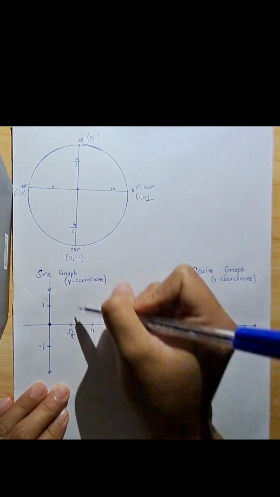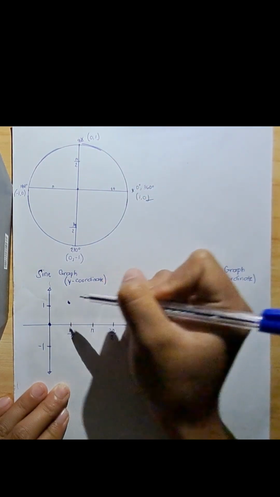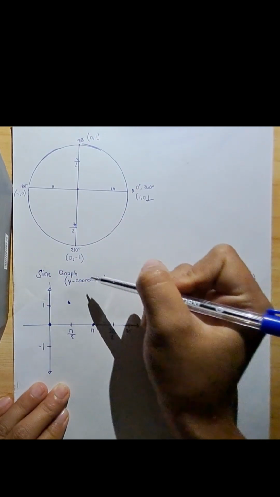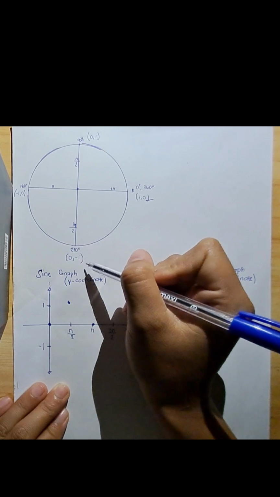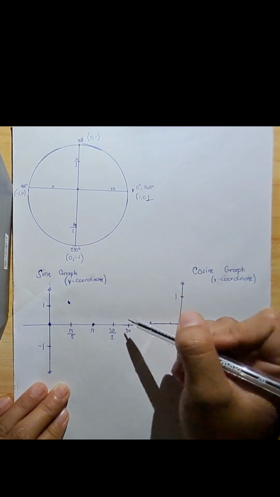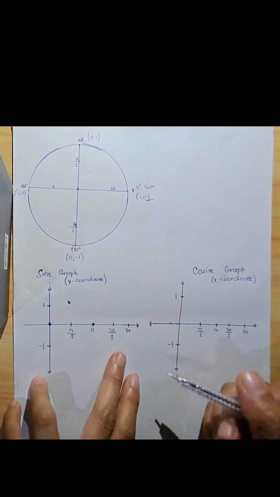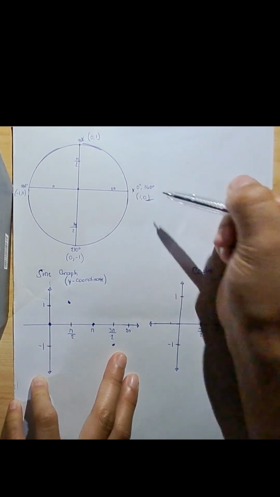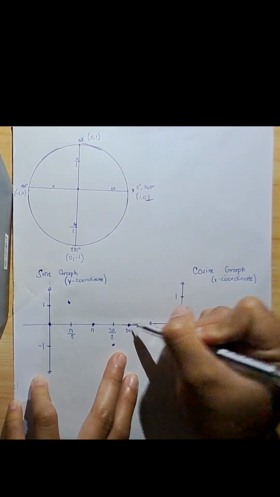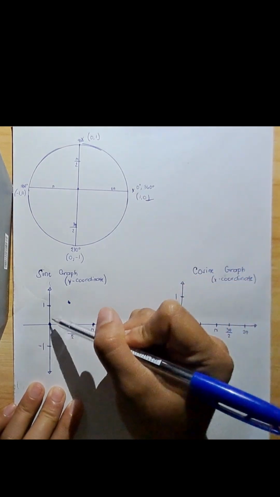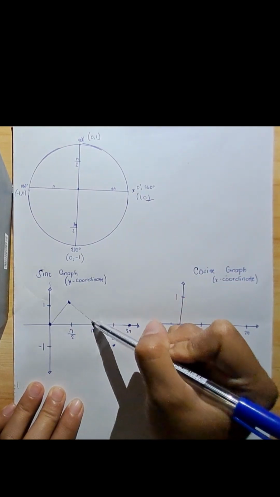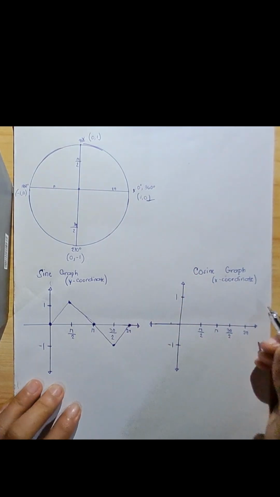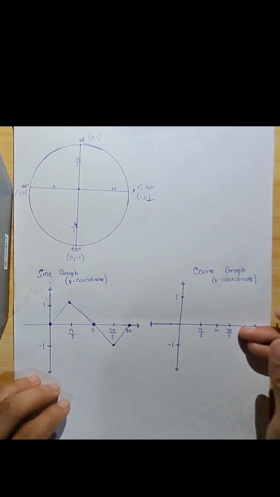Next we have the 0 at pi, and at 3 pi over 2 we have negative 1. Let's put the negative 1, and again back to 0. So the graph would be up, down, down, and up. This is the sine, or the y coordinate.